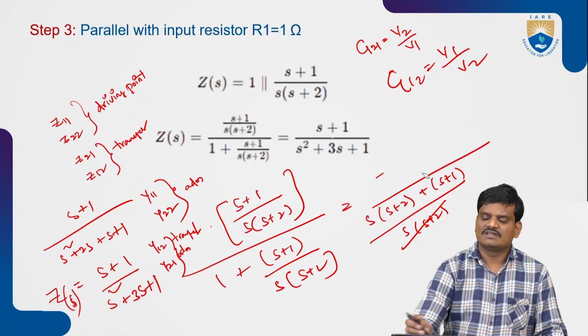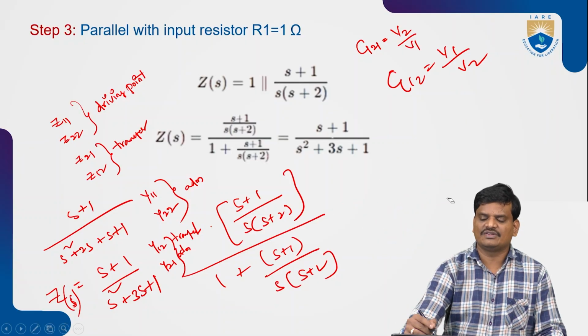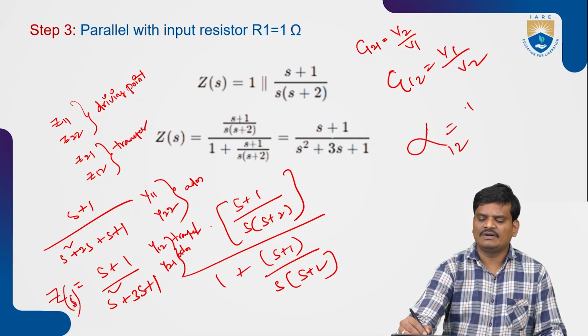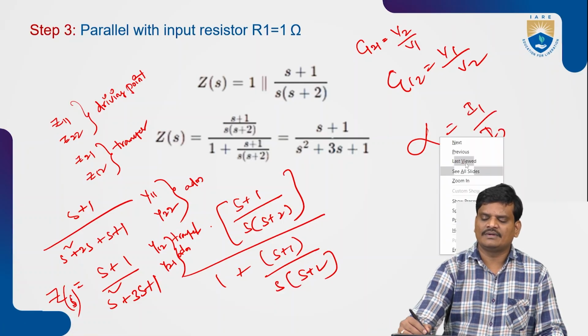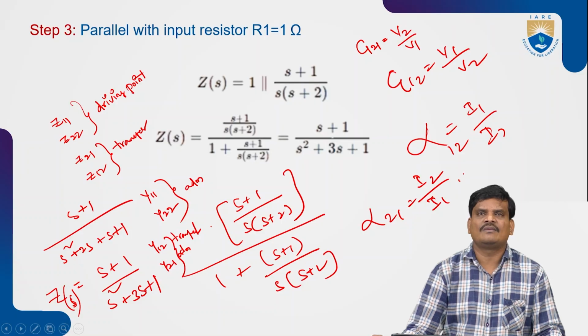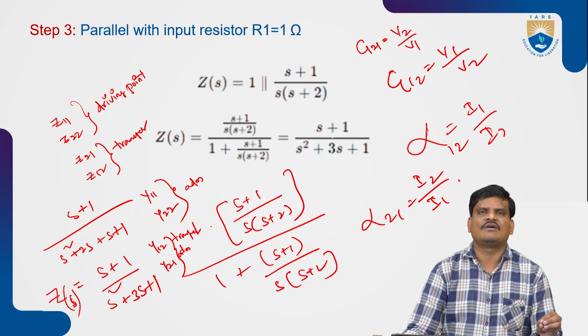Similarly, the current transfer ratio is represented by alpha, where alpha 12 equals I1 by I2 and alpha 21 equals I2 by I1. So these are the general formulas we have evaluated from single port and two port networks. By implementing those formulas, we have calculated the solutions for the given problems in the form of a circuit.